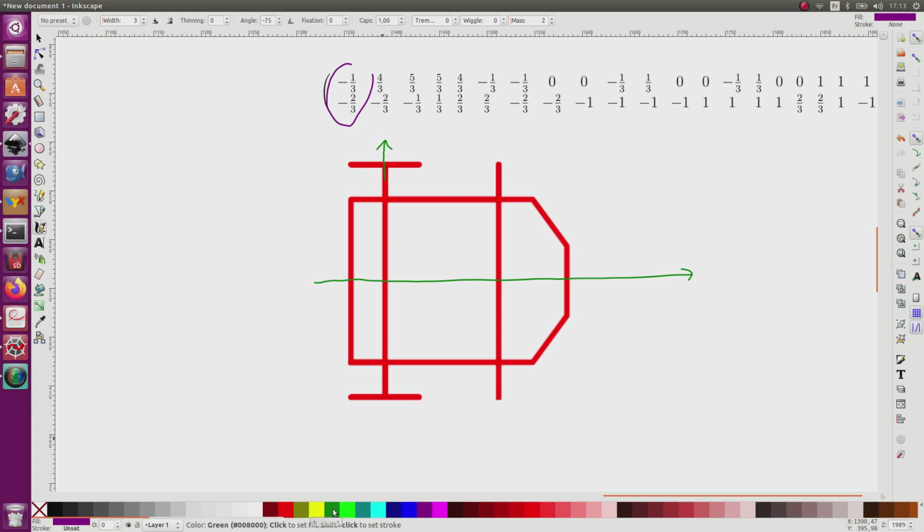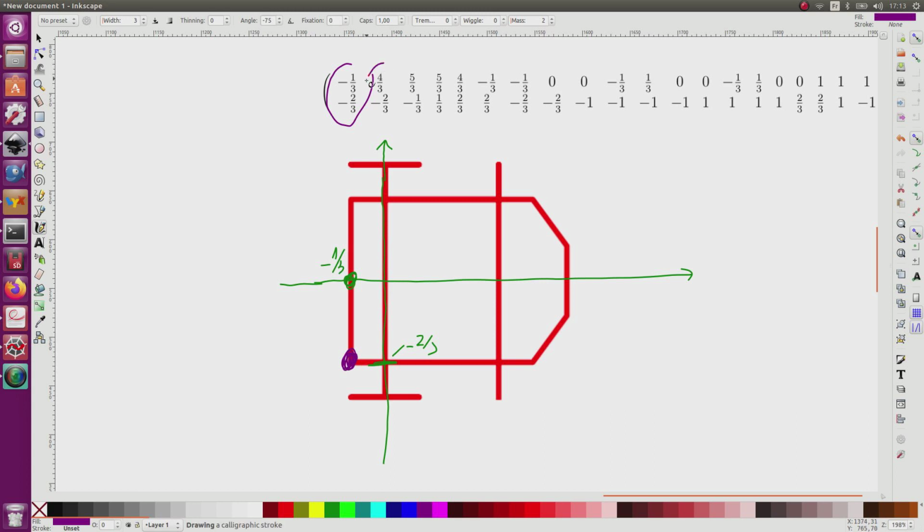So the 0 is here. I will have here -1 divided by 3, and here -2 divided by 3. So this corresponds to this point.